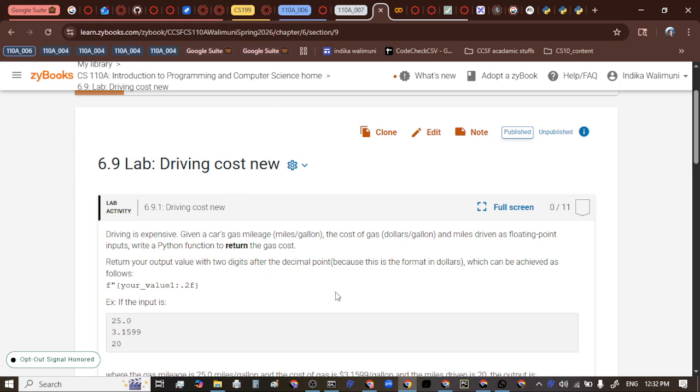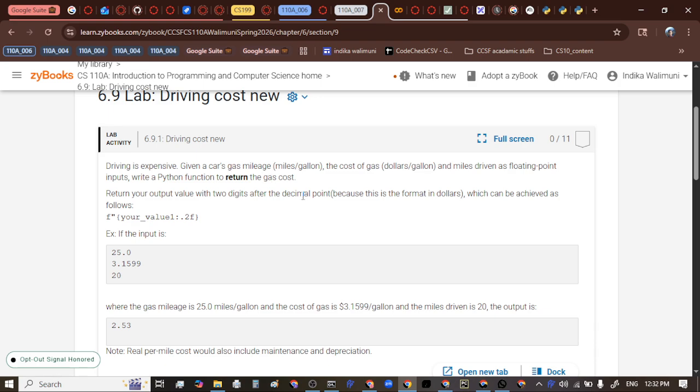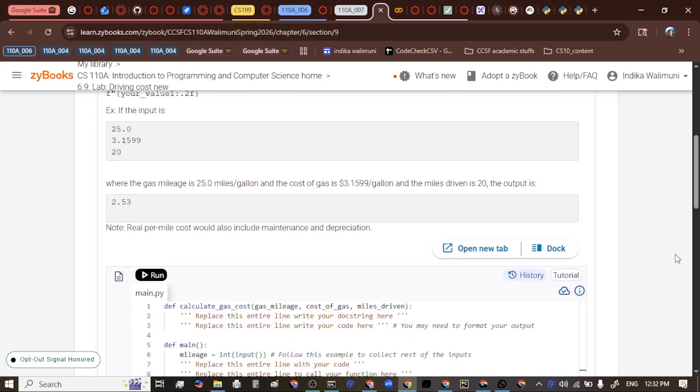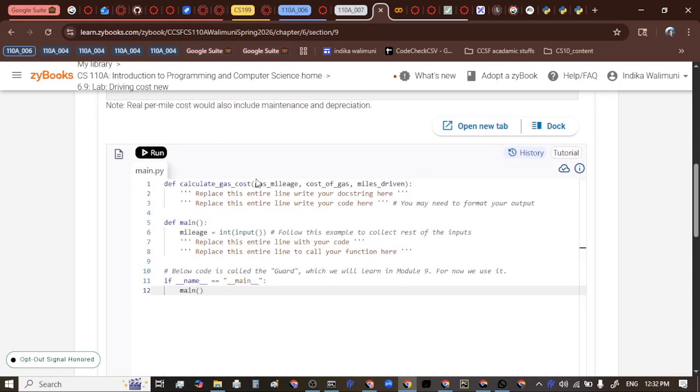So you get input and you will have to use this way of formatting as well. You input gas mileage, cost of gas, and then the miles driven. So 3 inputs, and return the cost of gas. Okay. And then these are the template given to you.